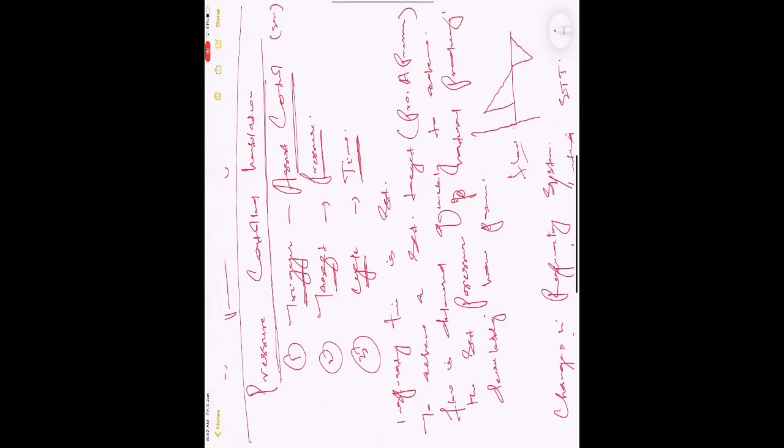Okay. So now the pressure control ventilation. The trigger here is assist control, same as that of volume control ventilation. Target is pressure and the cycle is time. So it is time cycled and pressure targeted. So inspiratory time is set to achieve this set proximal airway pressure.